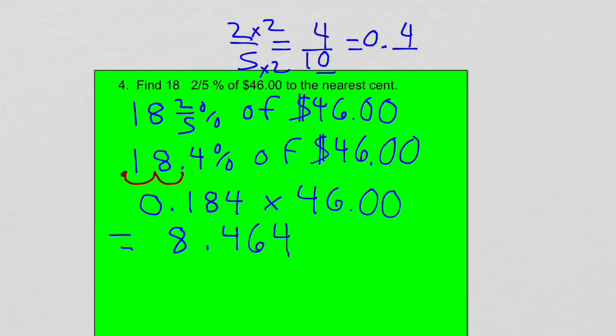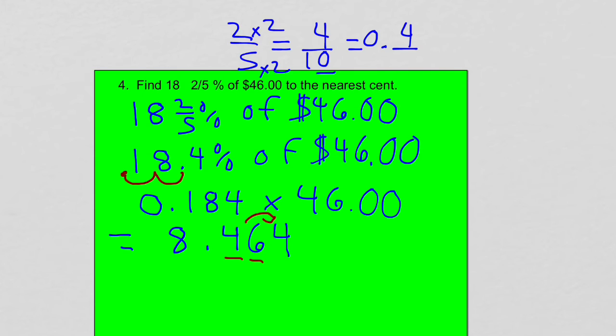And we get an answer of 8.464. Now, money has to be rounded to 2 decimal spots. That's why I put in the question here, rounded to the nearest cent. So we've got a 4 and a 6. We have to round this off. My grade 5 math teacher, Mr. Radmacher, used to tell me, if you want to round off a number, you look to the digit to the right of it.